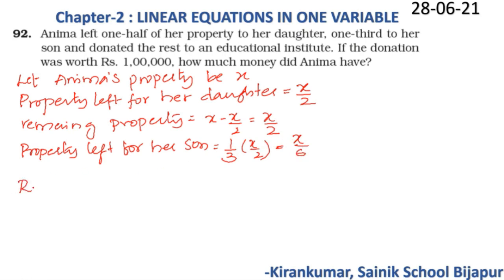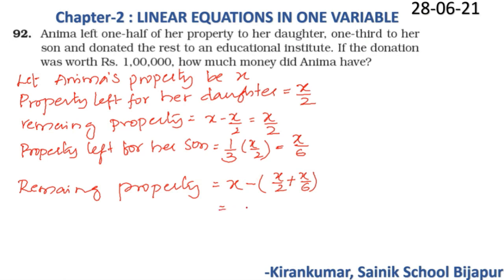Now the remaining property will be, earlier she was having x, now she has given x by 2 to her daughter and x by 6 to her son. This we require to simplify. LCM here is 6.